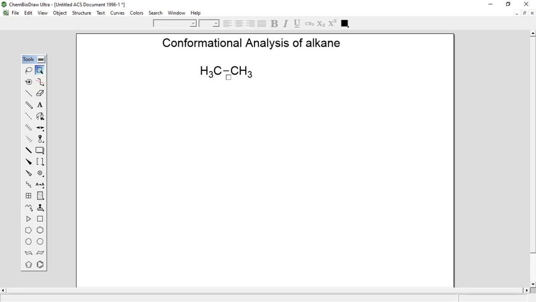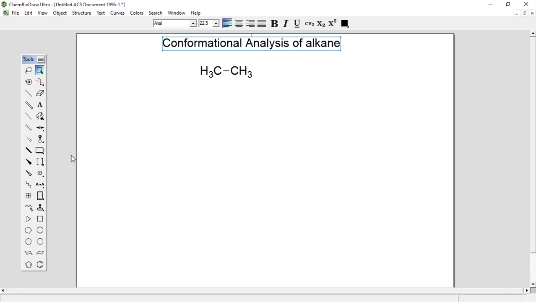And the study of energy changes that occur during such rotation is called conformational analysis. So now we'll see the conformational analysis of ethane. So this is the structure of ethane, CH3CH3.